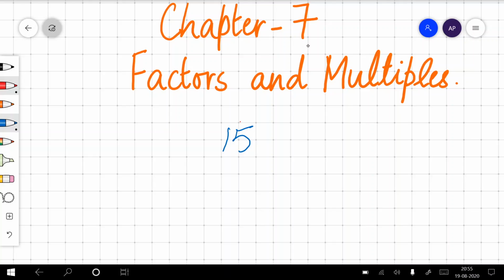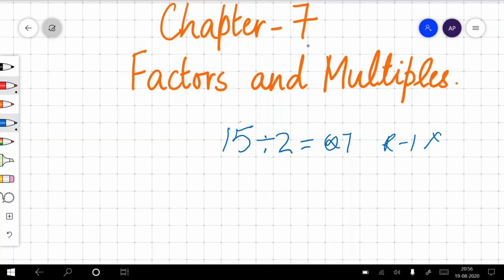There are many methods, you know how to find out the factors of any number. The easiest one I find is the division one. So first you will divide 15 by 2. The quotient is 7, remainder 1. So this is not divisible by 2.